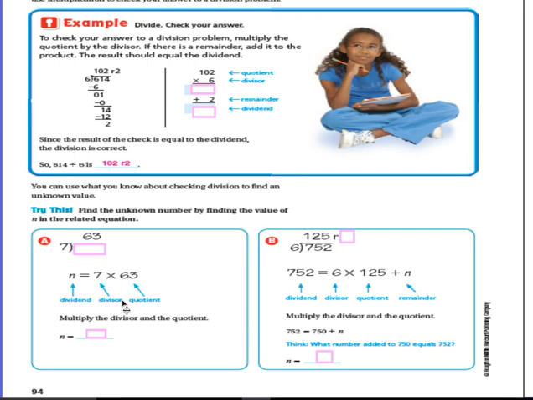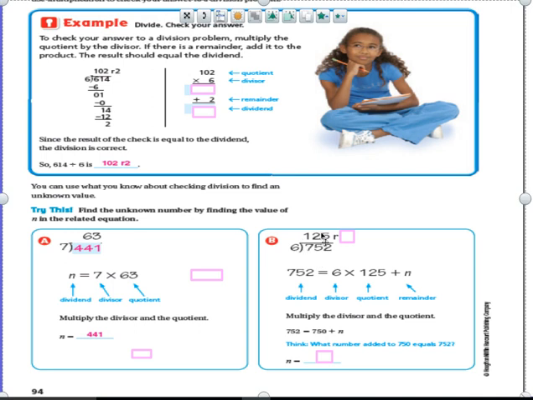So if I figure that out, n will equal 441, and guess what the dividend was? If we're going to have a remainder, we have one more step. We still do the divisor times the quotient plus n. Well, that plus n would be your remainder. This is called the algebraic way of doing it and writing it out. This is writing an equation with that.